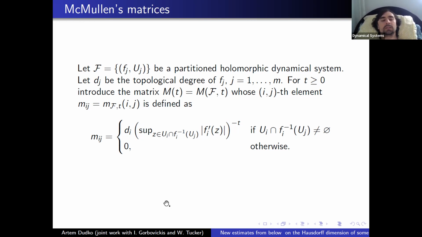But since our map now can have critical points on elements of our partition, we need to multiply by the degree di, the topological degree of our map Fi on Ui. Otherwise, the definition is similar to the real quadratic case.